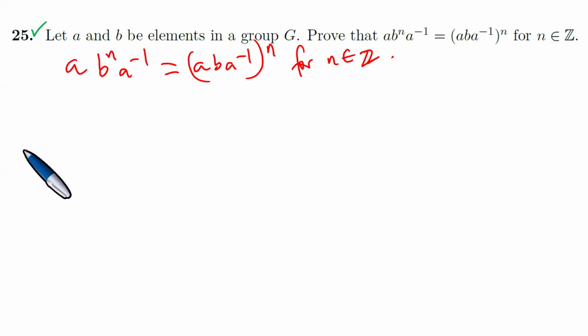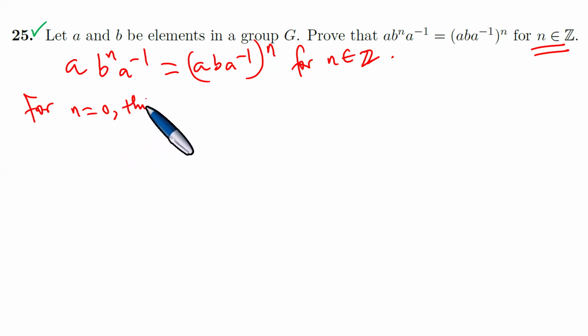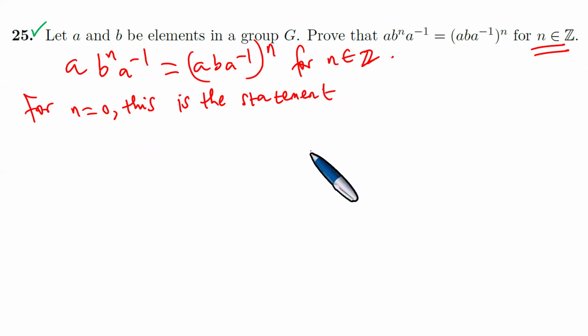For example, because n is an element of the set of integers, we can start by saying for n equals 0, this is the statement.